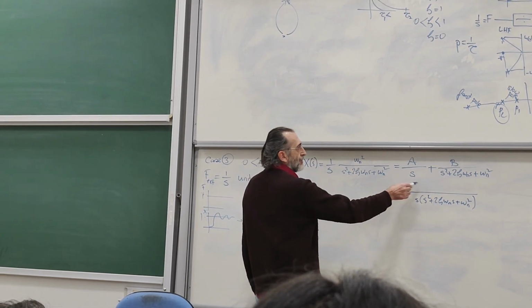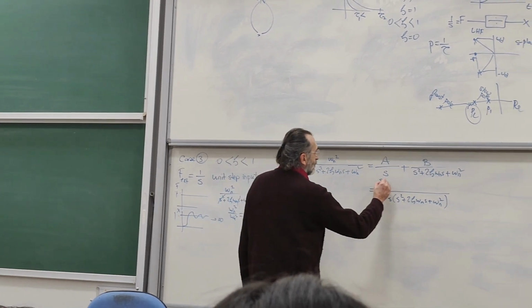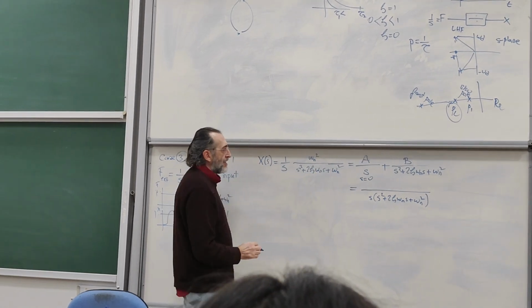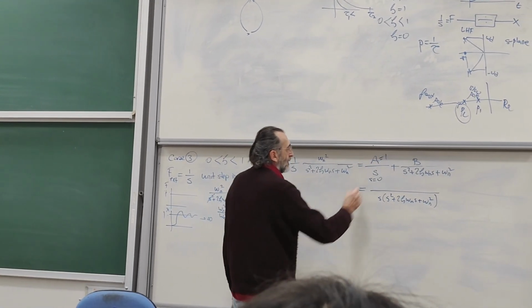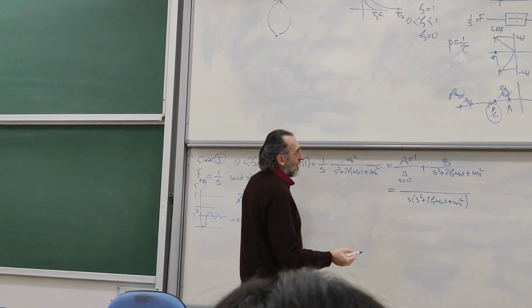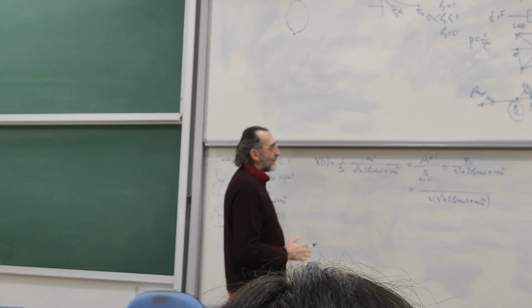So, if I do the same trick here, like say S equals 0 to find A, then A is equal to 1. Okay? So I have A is equal to 1, and then we have to deal with B now.